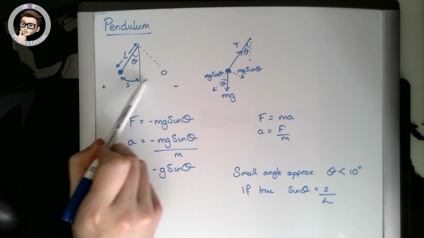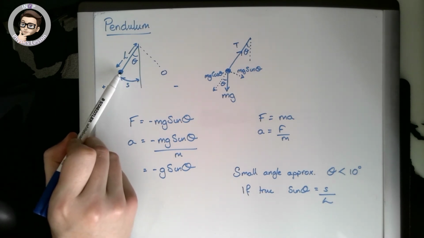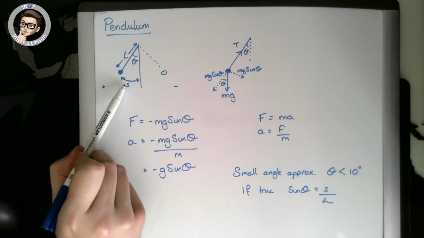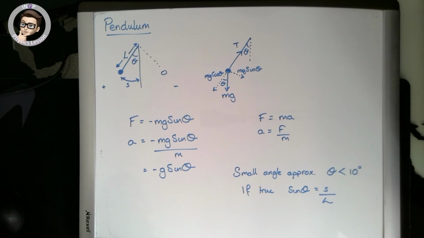If we go too big, then obviously we've got a greater displacement. But if we're looking at the distance from that zero point straight across, if the angle's small enough, then we lose that curve. Okay, so that's where we're coming from here.